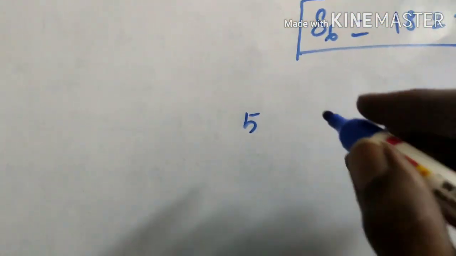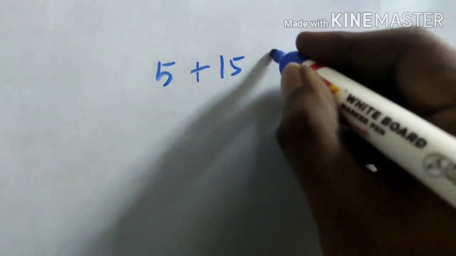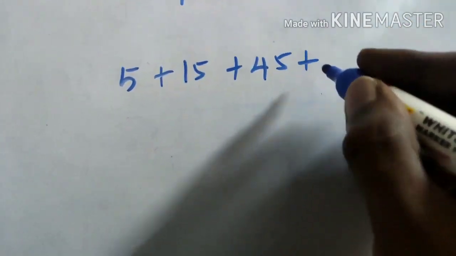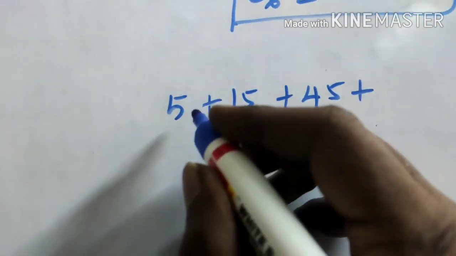You get all the 6 terms. See here, this is simply to understand: 5 plus 15 plus 45 plus, it goes on till 6 terms.